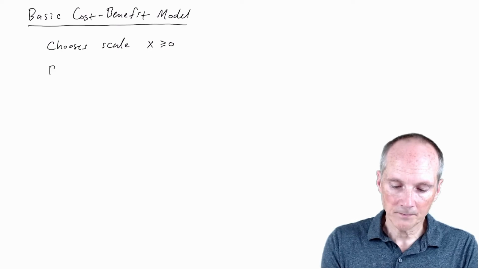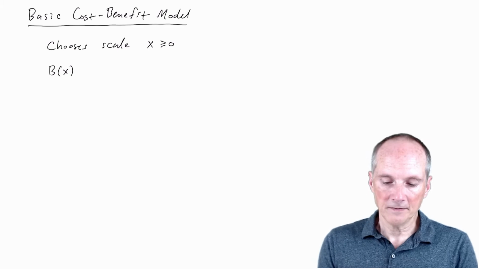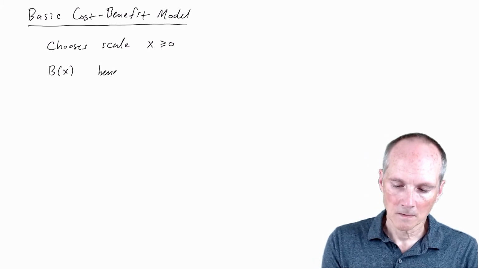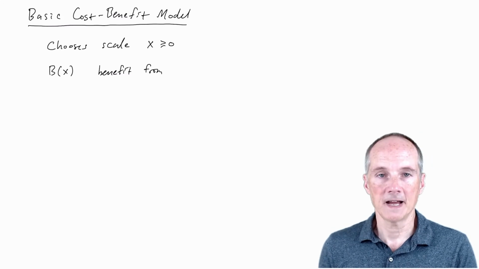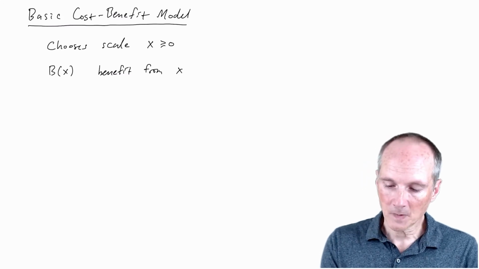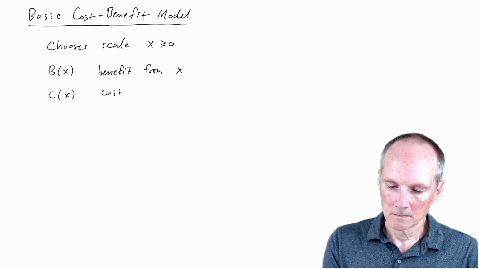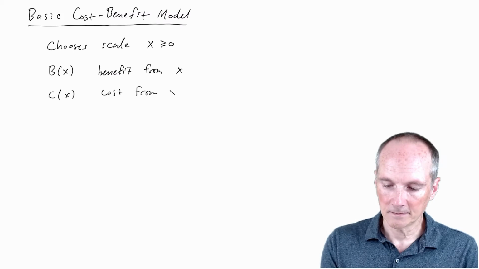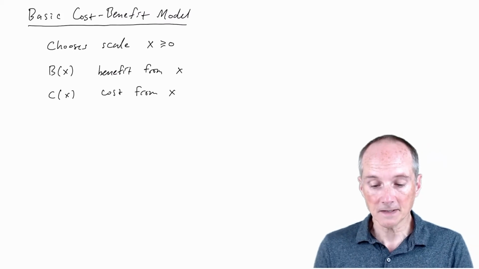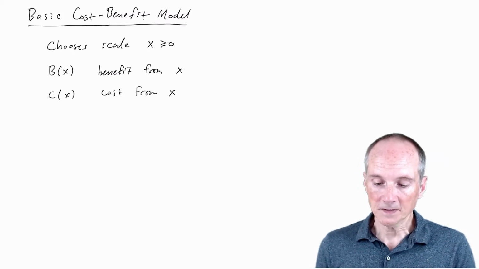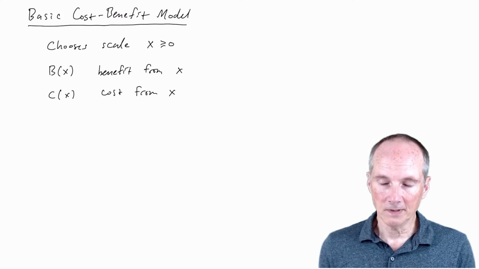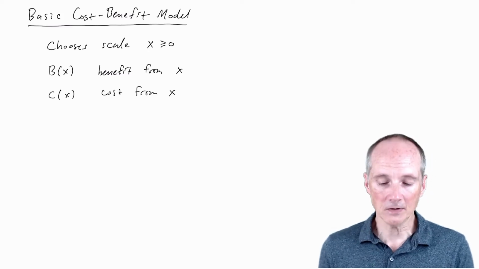And then given X, there's going to be some benefit that's generated by that scale. And then there's going to be a cost that is entailed by X. As far as the units that we're measuring these in, in a lot of applications they would be measured in dollars.